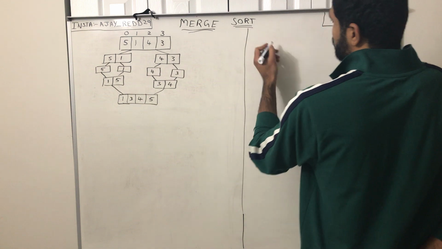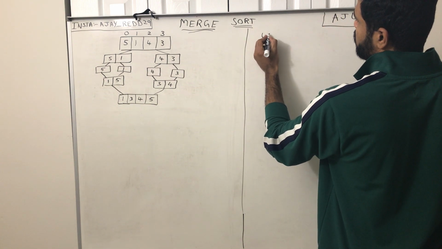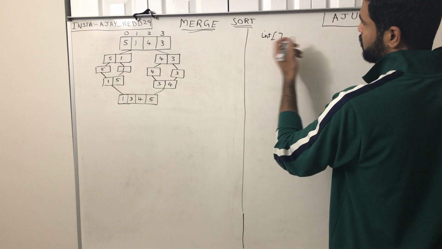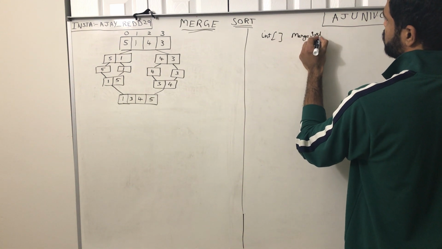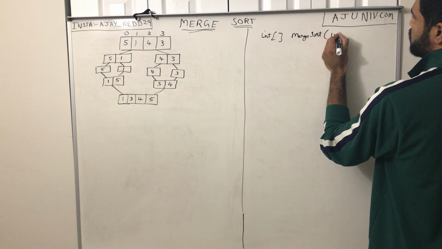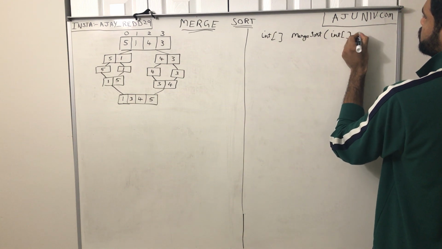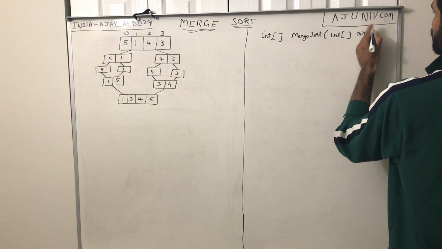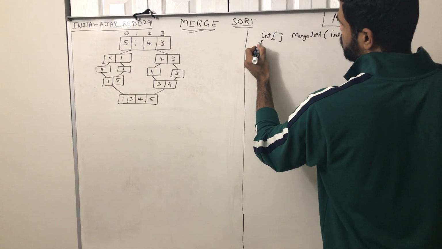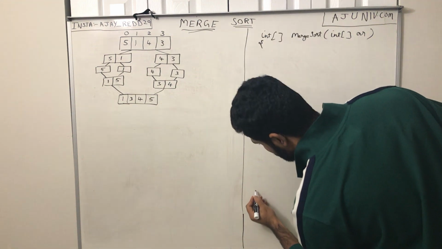For coding it, I want to write the function prototype so that it returns an array of integers. I will name it mergeSort, and it will take an array of integers. Okay, so this is the function prototype.